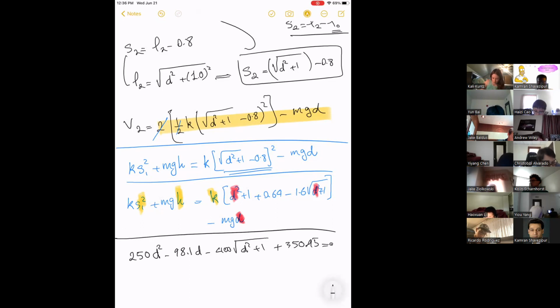This does not have a straightforward solution. You may have to take this to the other side and make this square. It gives you a problem of order 4.